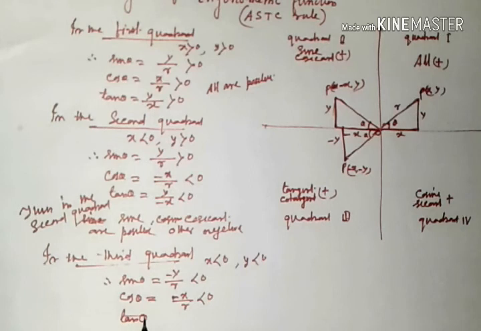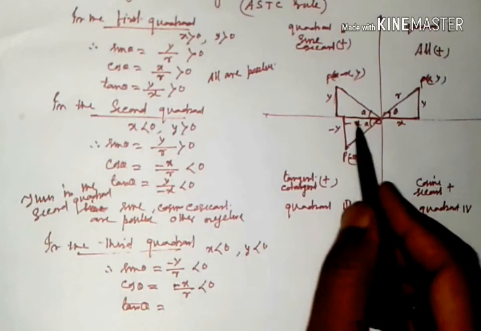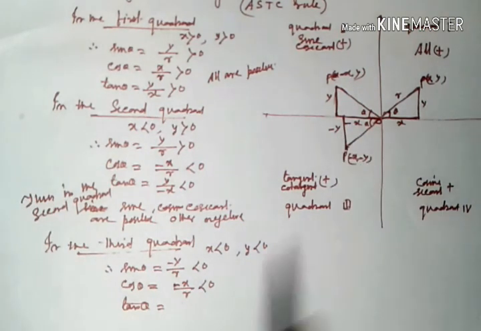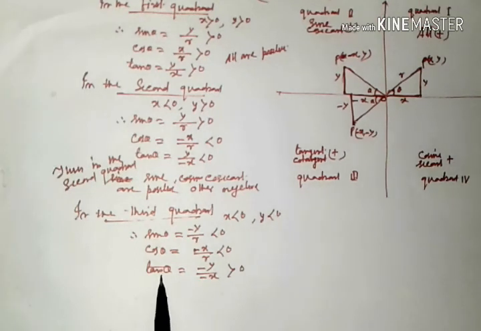Tan theta is equal to perpendicular by base, minus y by minus x, which is greater than 0. Therefore, in the third quadrant, the tangent function is greater than 0, and so is its reciprocal.